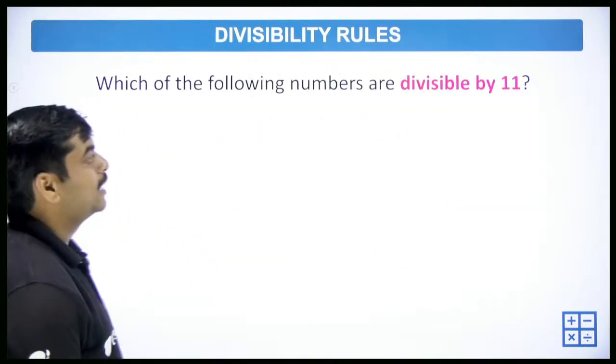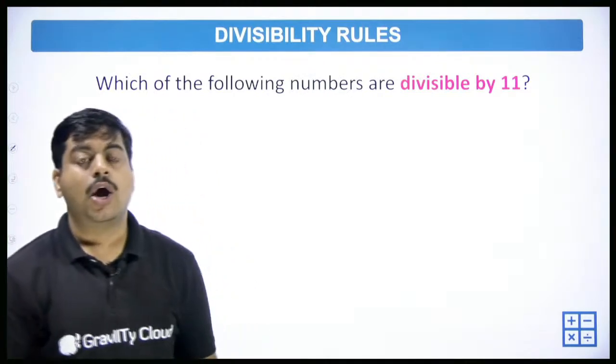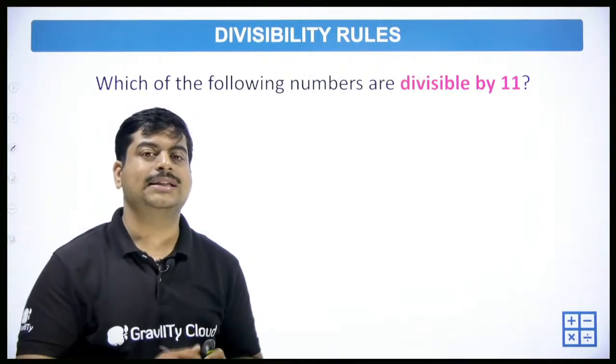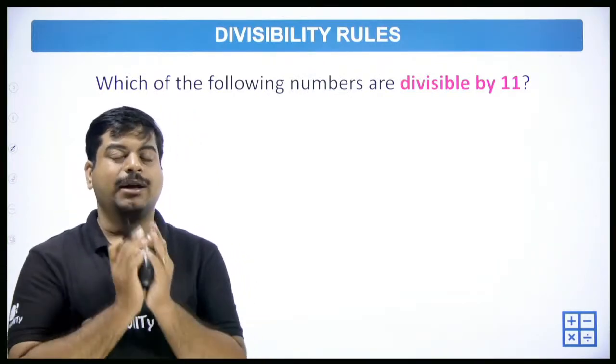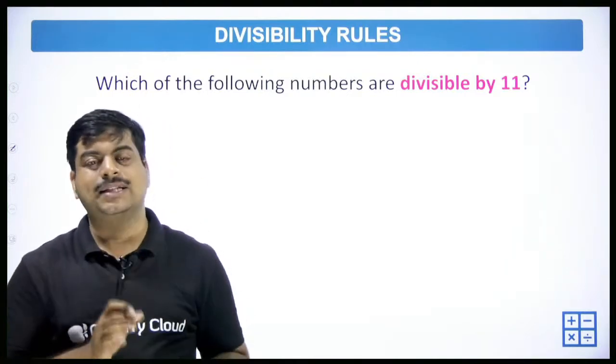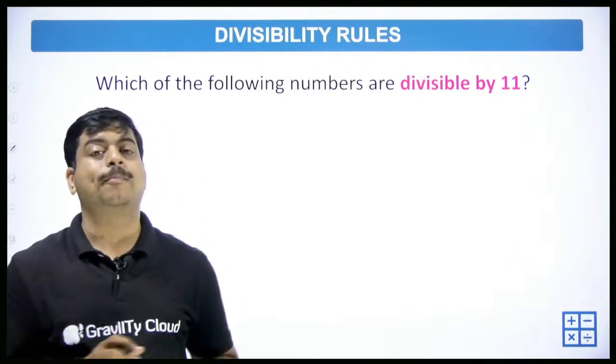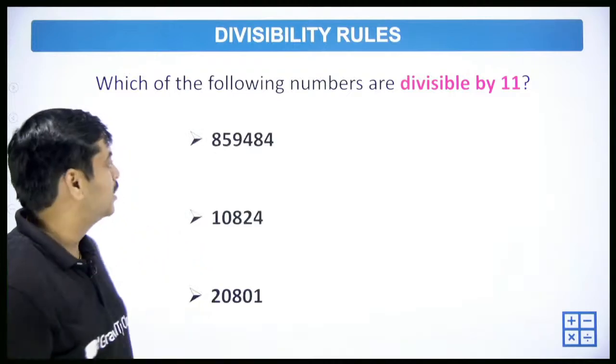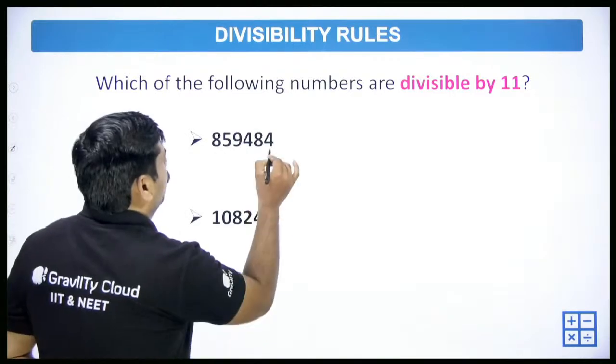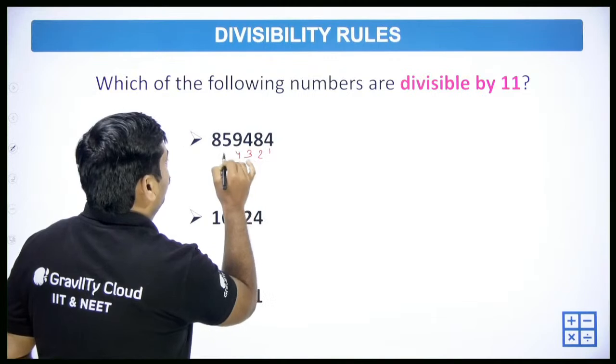Which of the following numbers are divisible by 11? Sum of all the odd digits and sum of all the even digits, in the sense of even places and odd places. Let's see that. So here 1, 2, 3, 4, 5, 6.